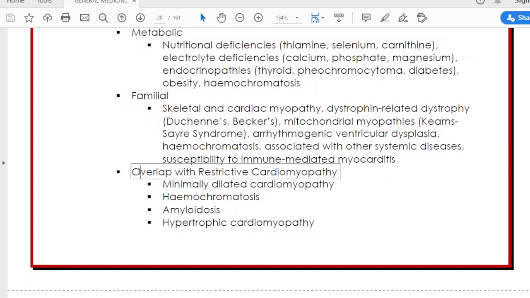Overlap with restrictive cardiomyopathy. Minimally dilated cardiomyopathy, hemochromatosis, amyloidosis, hypertrophic cardiomyopathy.